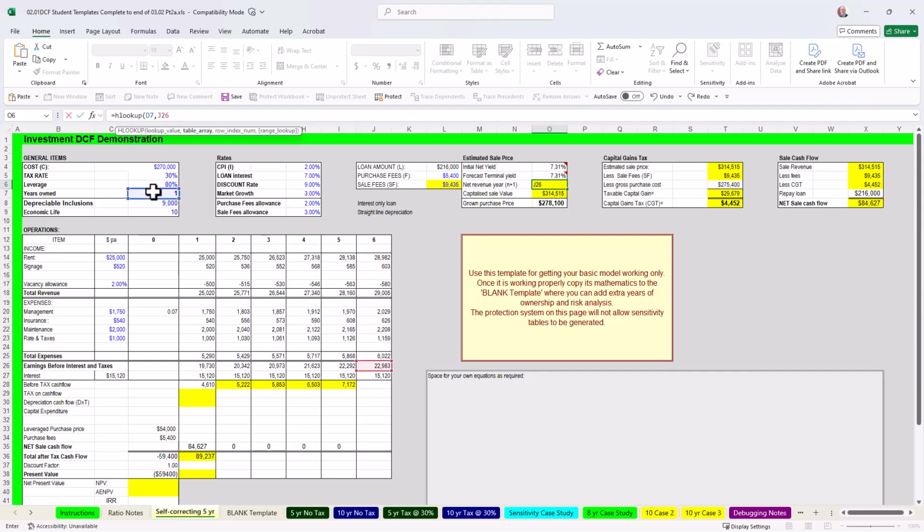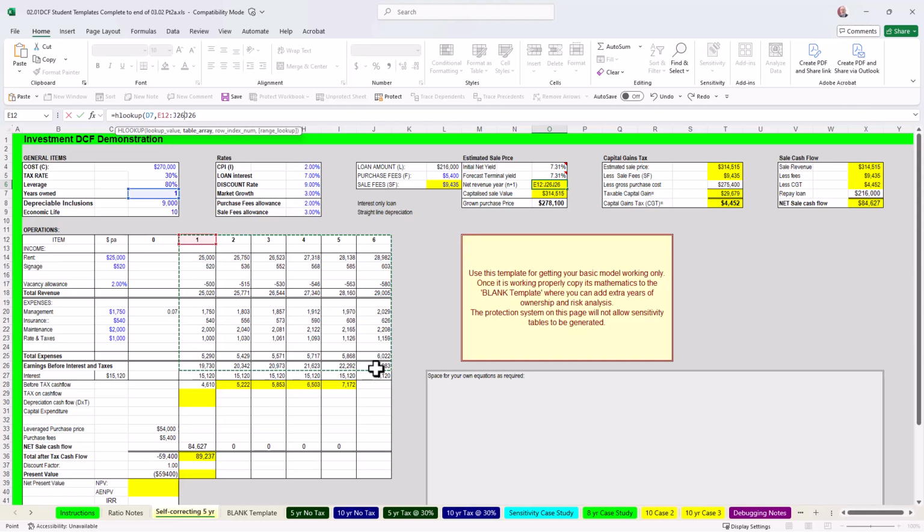I follow that with a table array, and the table array here is all of this down to the row where we're eventually going to pluck the number from. The number is the earnings before interest and taxes, the net revenue.